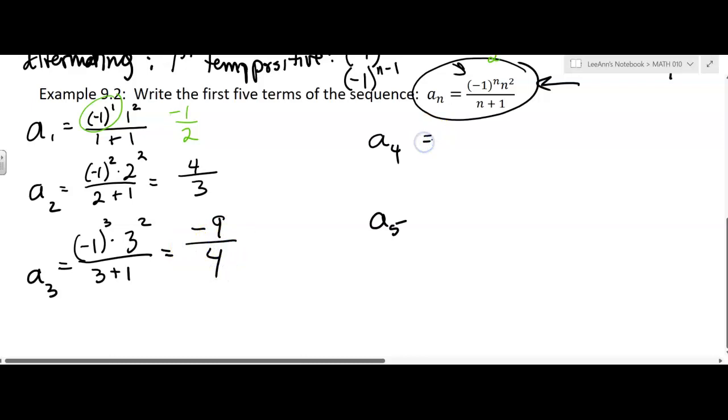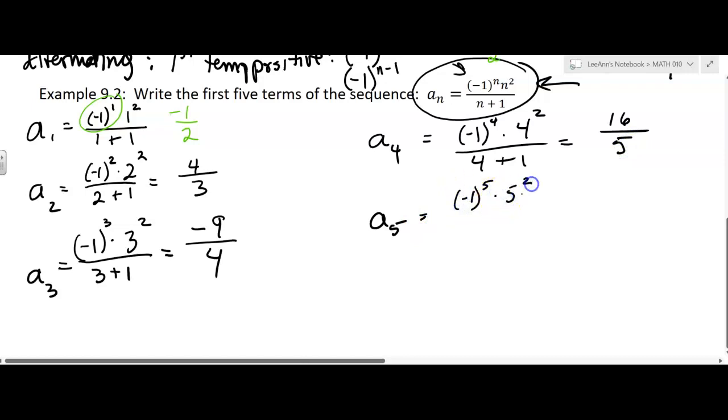And then a sub 4, 4 squared over 4 plus 1, which is going to be 16. It's going to be positive because you've got an even exponent on that negative 1, and then a 5 in the denominator. And we write these as fractions, by the way. Okay, and then the last one, negative 1 to the 5th power times 5 squared over 5 plus 1, which is going to be negative 25 over 6.